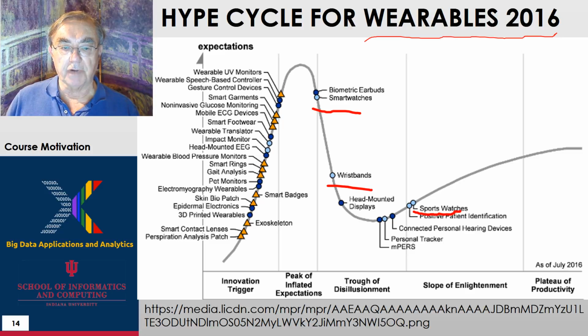And over here we have intelligent shoes or something with things built into their soles to monitor the pressure and things like that, and head-mounted EEGs, again for reading out automatically from patients' blood pressure, skin patches, all sorts of things, and here are wearables coming from 3D printing. That's sort of quite common these days.